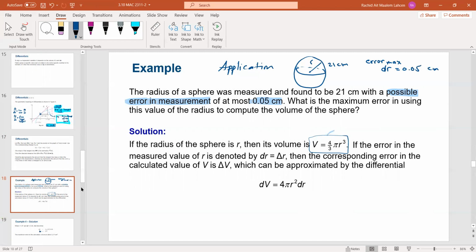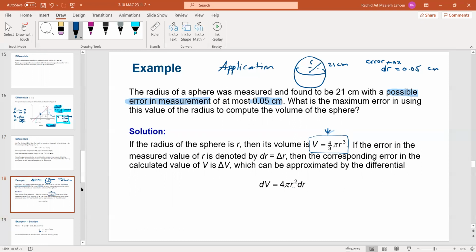So what is the maximum error in using this to compute the volume? How does this error trickle down to the value? That's the question. So if we take the differential of volume, using of course the sphere volume formula that we know, it's going to be 4 pi r squared dr, all right?